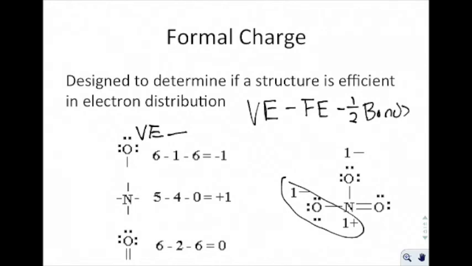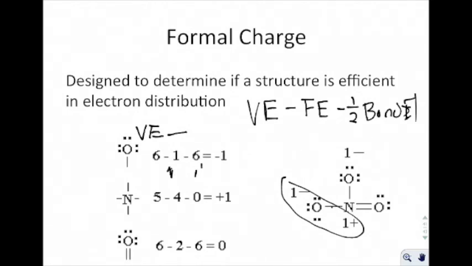For example, this oxygen right here should have 6 valence electrons. That's where it is on the periodic table, group 16. But it has 1, 2, 3, 4, 5, 6. That's where that 6 comes from. And then it has half of one bond. Remember a bond is 2 electrons, so half of 2 is 1. So that's where that 1 comes from.